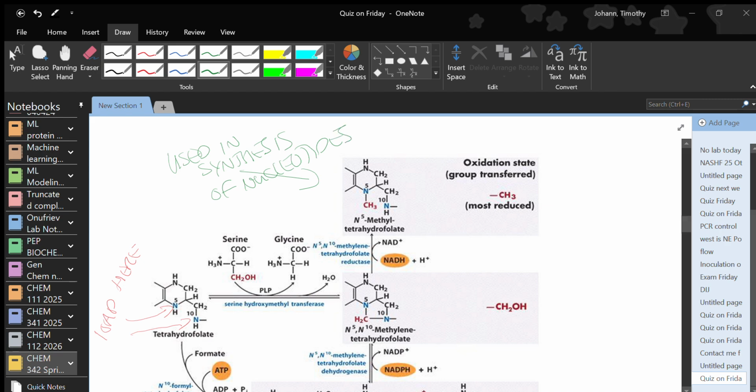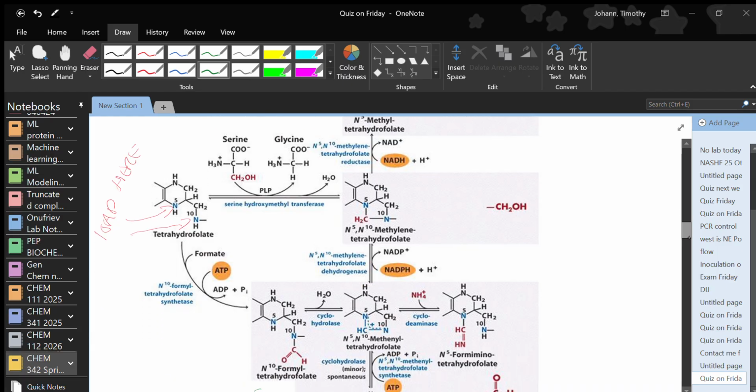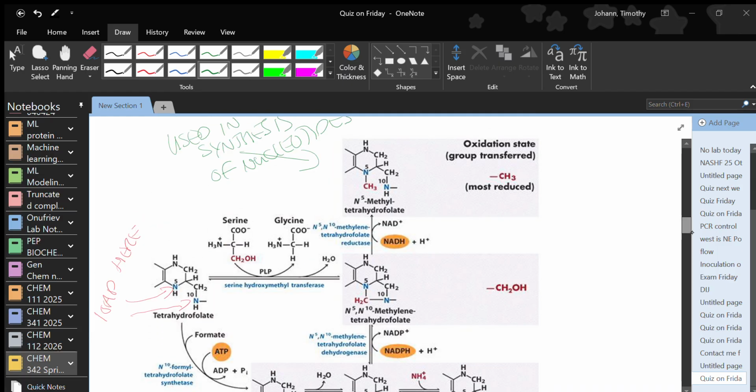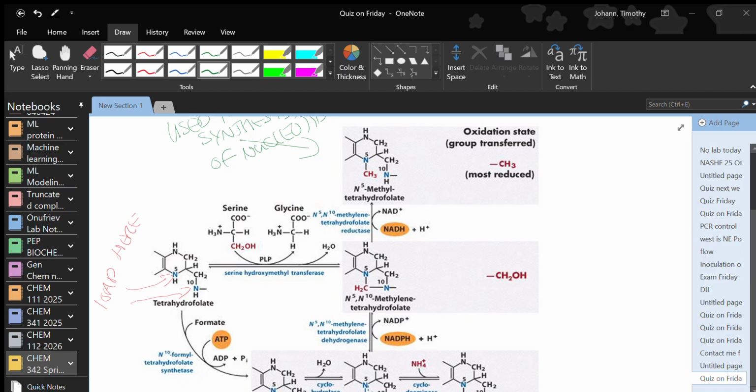All right, so you would make that form to be able to use that for synthesis of nucleotides, and then down here, right here, we're converting between serine and glycine, right? That's used in the synthesis of proteins.